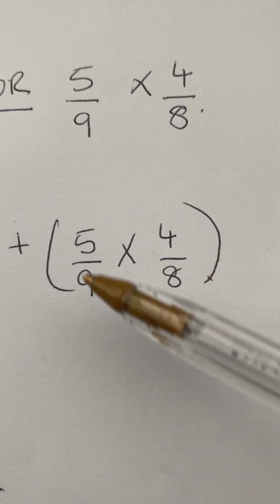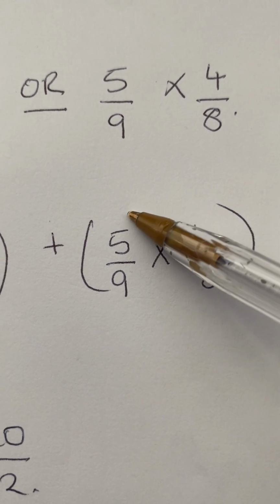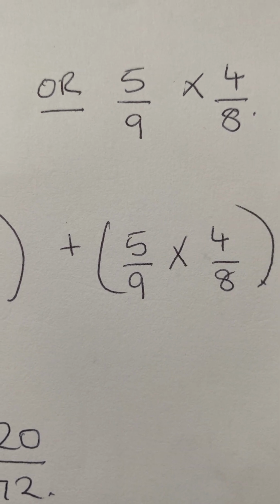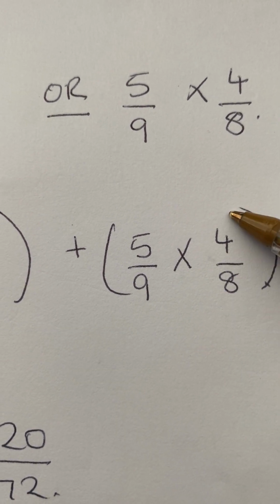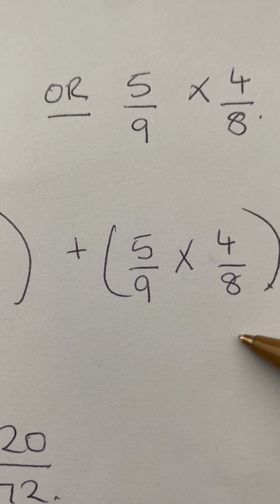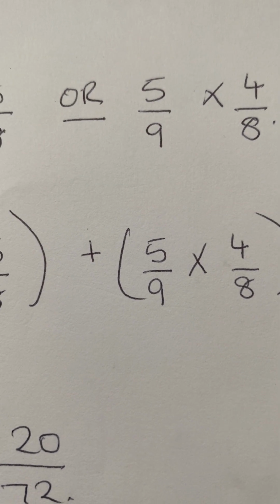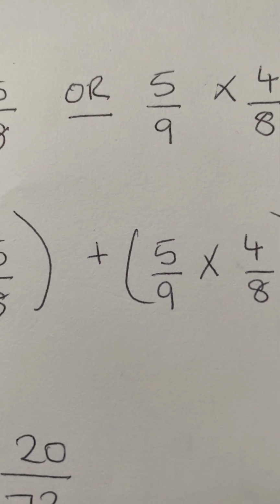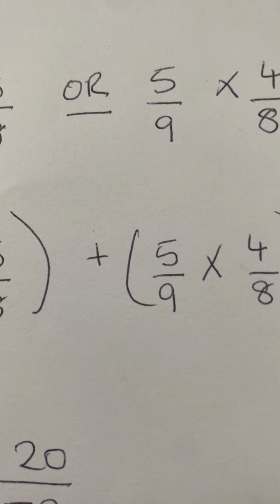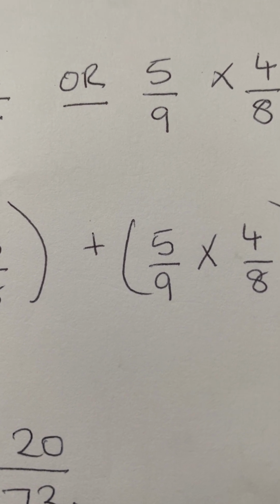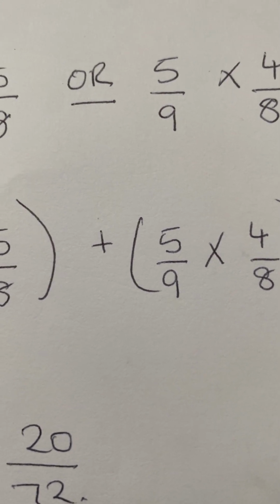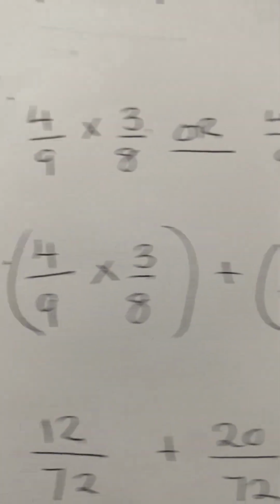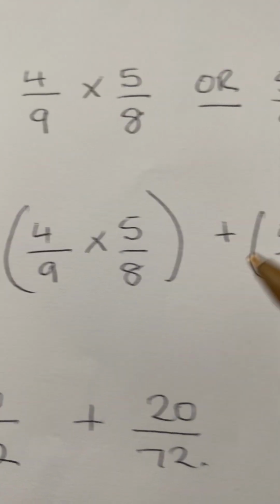Then you can have 5/9, which is the ones that are not blue. You've picked one out, so you now have 4 not blue and 8. Okay, these are the 3 instances you can have if you want to pick twice, when at least one of them is blue. So at least one of them is blue also means you can have 2 picks that are blues. Okay, that's why we have all these 3 options.